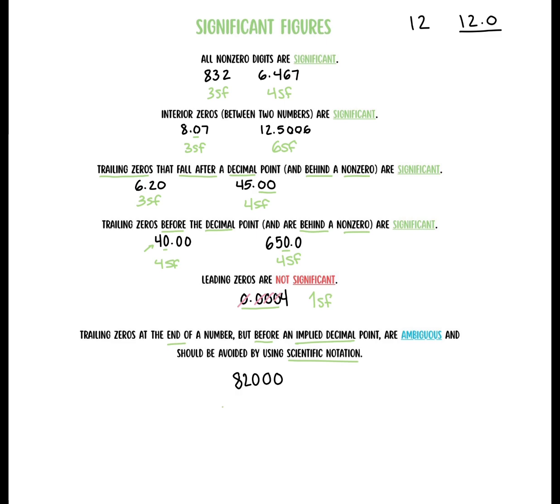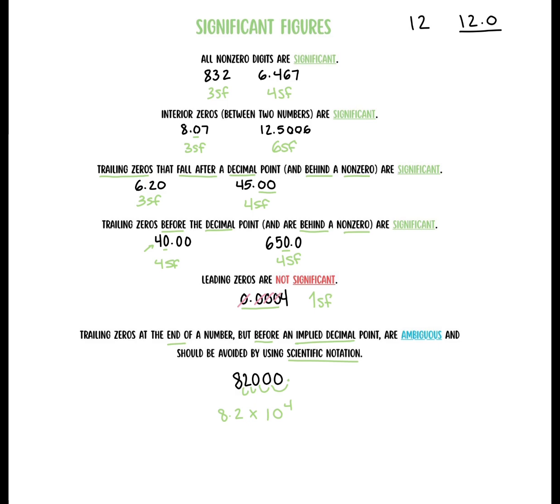In scientific notation, this would be 8.2 times 10 to the power of what? Well, we need to take this implied decimal point and move it between the 8.2. And that's going to be 1, 2, 3, 4. 8.2 times 10 to the power of 4, because we moved our decimal point 4 times.